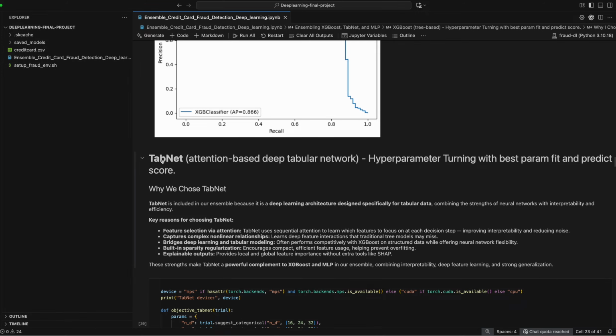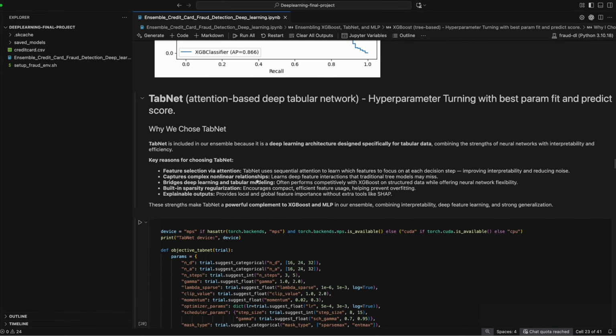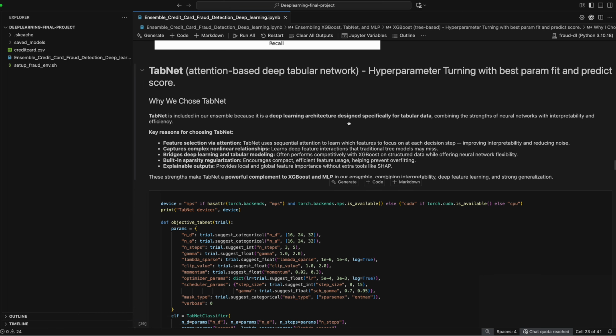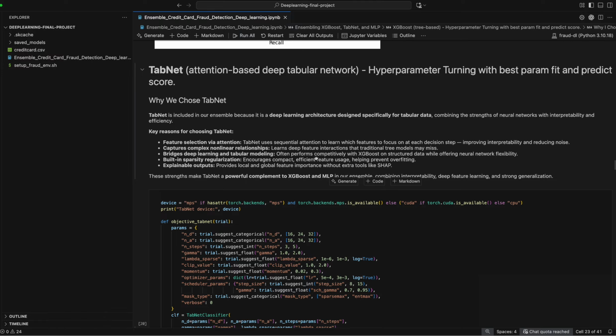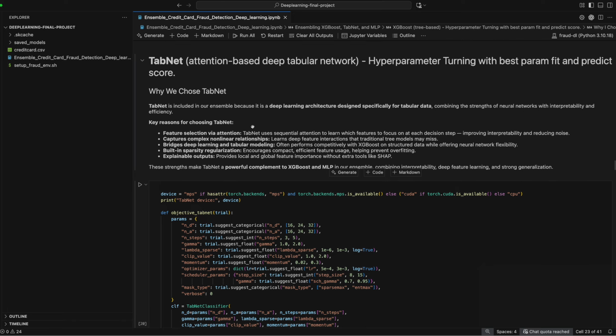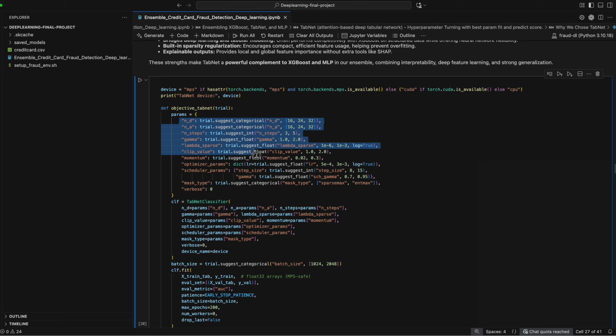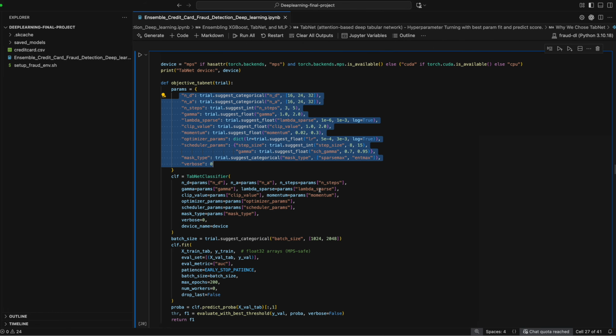Similarly with TabNet, we did the hyperparameter tuning with the best parameters and did a fit on that. These are the different advantages of TabNet in deep learning, and they have these feature sets.